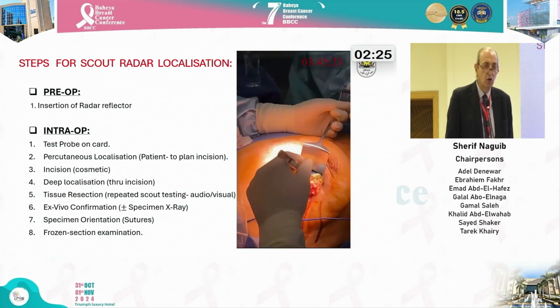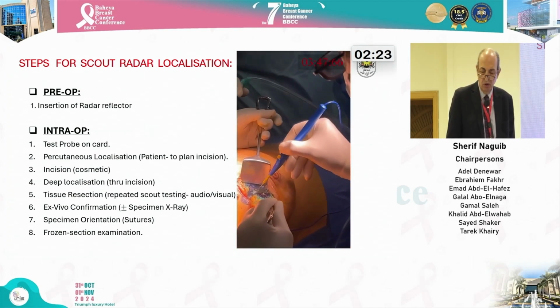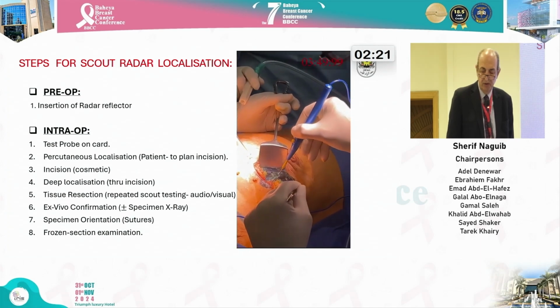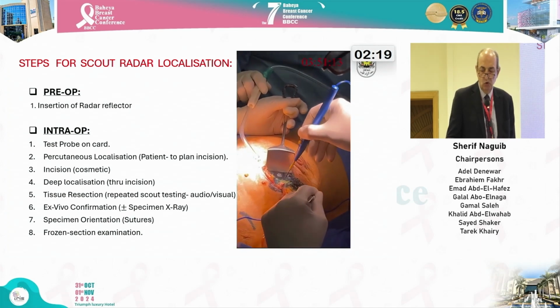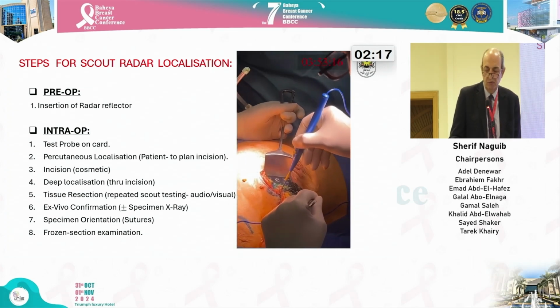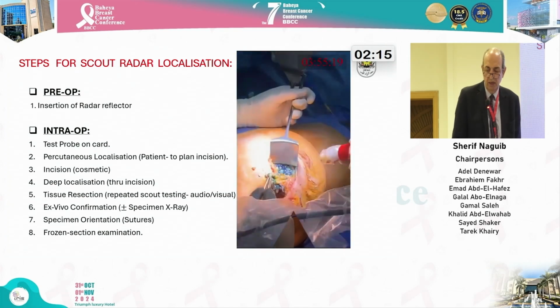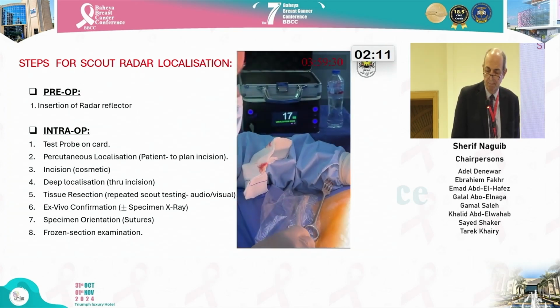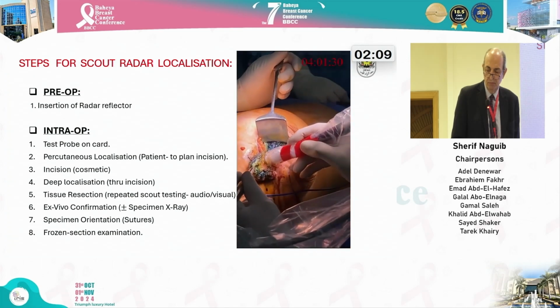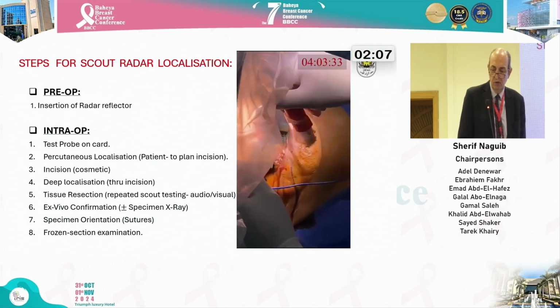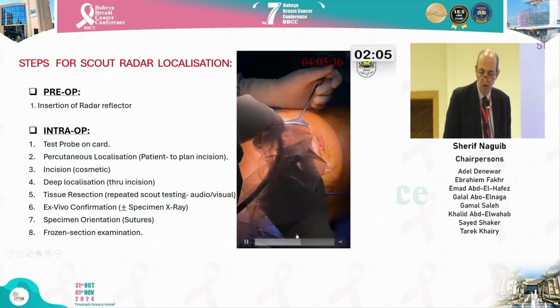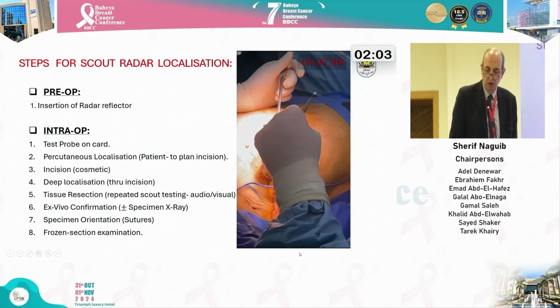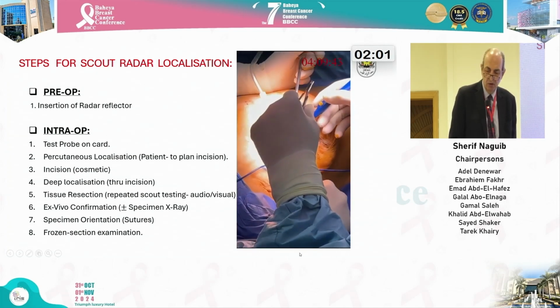Of course, there is a learning curve for the use of this Scout Radar apparatus, and this is why it's taking so long. But probably with more experience, it will not take so much long. The lesion is almost out, and the probe confirms the presence of the reflector.